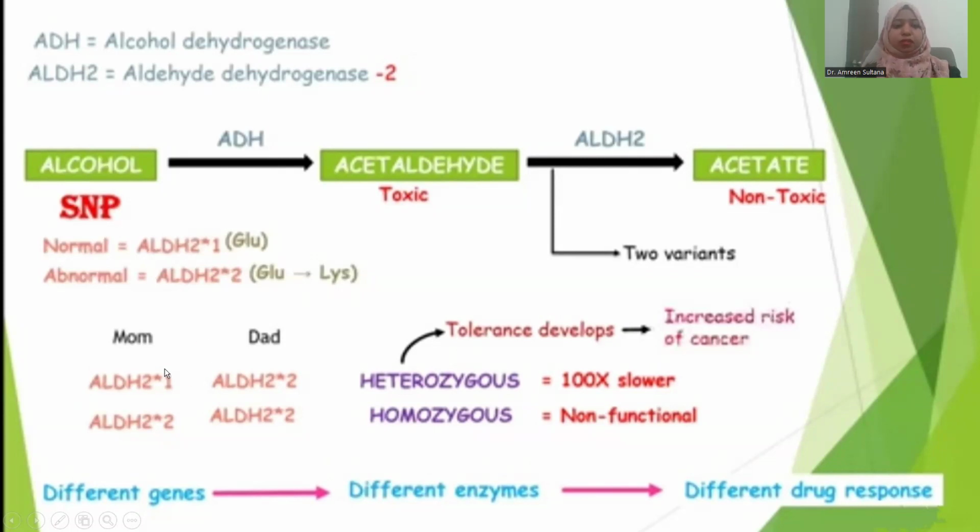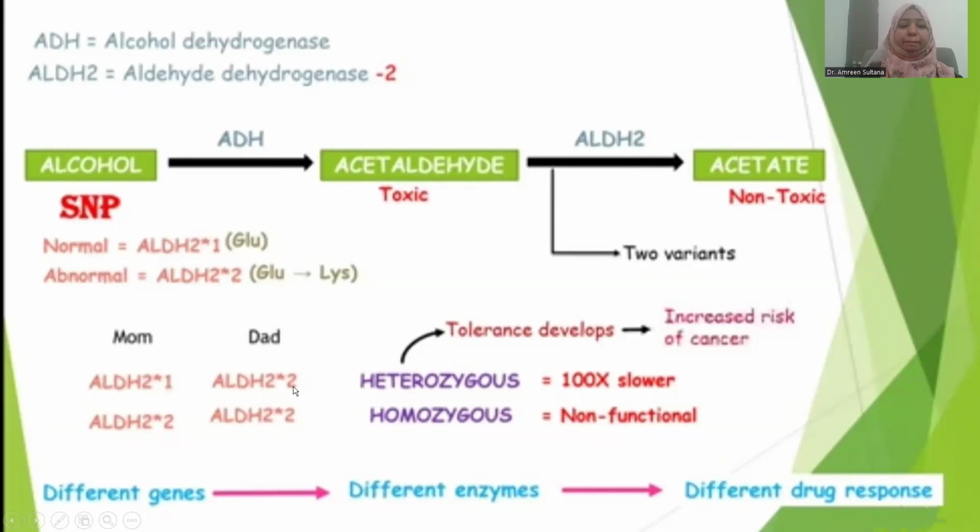For example, take the two parents, mom and dad. The mother has ALDH2*1 and the father has ALDH2*2, so the result is different.